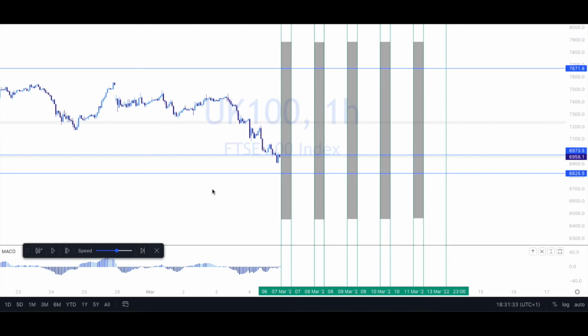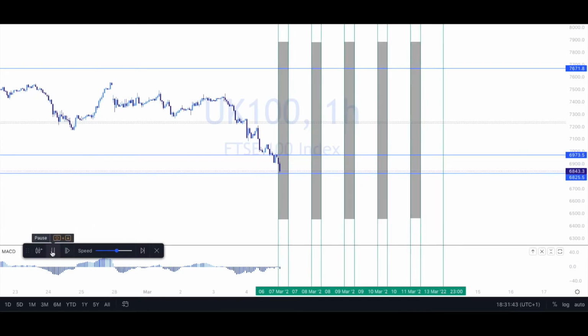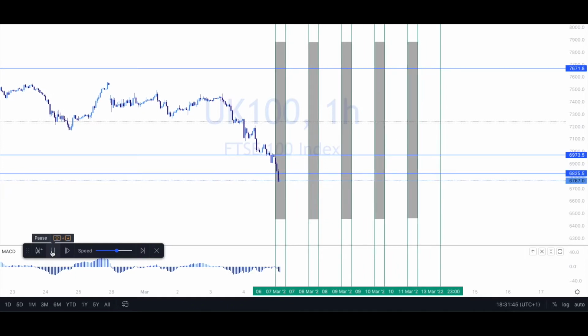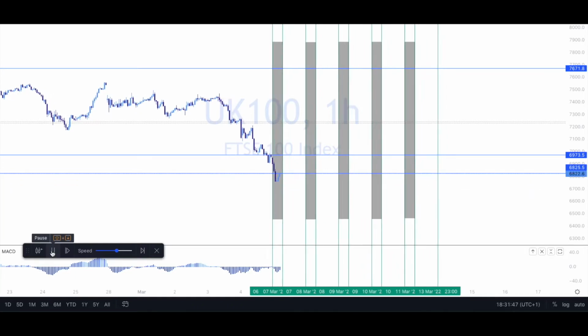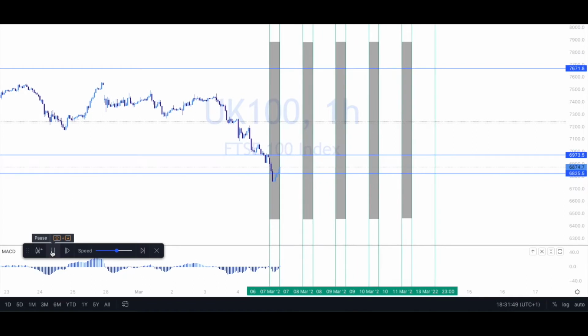First things first, we're going to let it play. And also, guys, when it comes to the backtest, bear in mind that we're using hindsight. Some of the events in the market have already taken place, so we're trading knowing that we have an idea of what's happened in the future already.